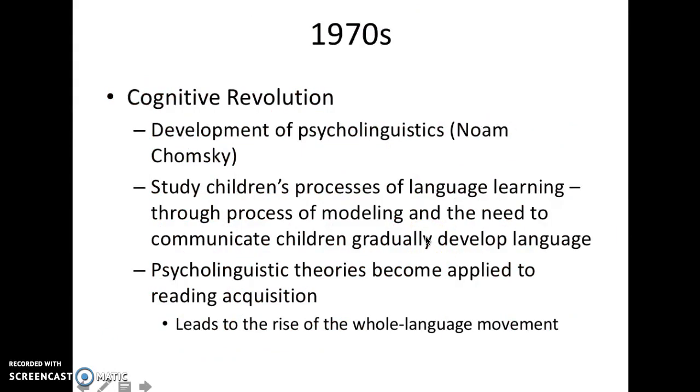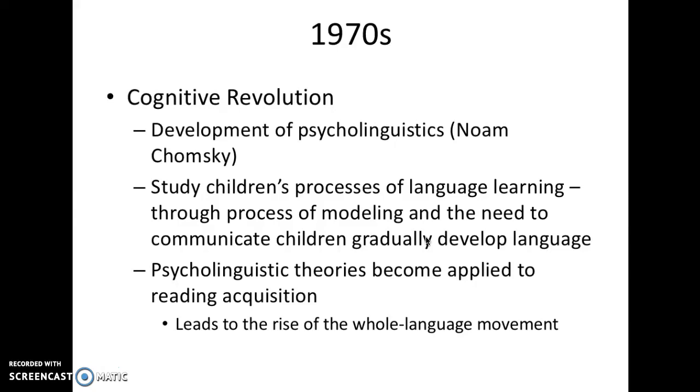Okay, in the 70s we had what they called the cognitive revolution, where people began looking at the brain and how the brain is working. So we're studying children's process of language learning through modeling and the need to communicate. Children gradually develop a language because of that need that they have.